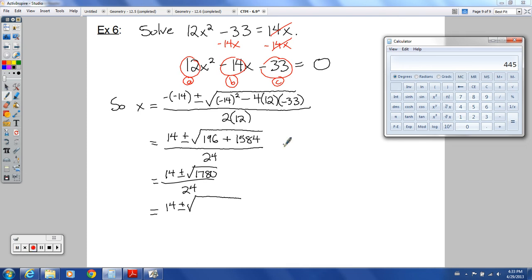I could try other numbers, other larger perfect squares. So 1780 divided by 9. Is that going to work? No, it didn't give me a whole number. So I'll try another one. 1780 divided by 16 would be next. Is 16 going to work? No. I divided by 4 before and saw that it was going to be this 445 number, and 4 wouldn't go into there.